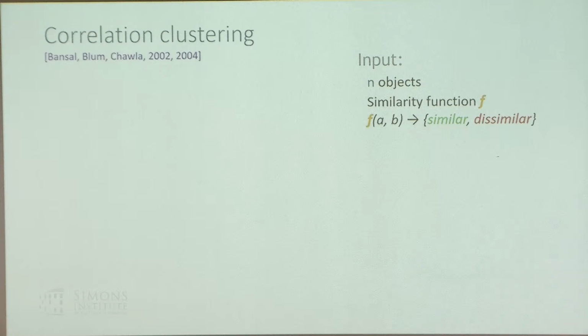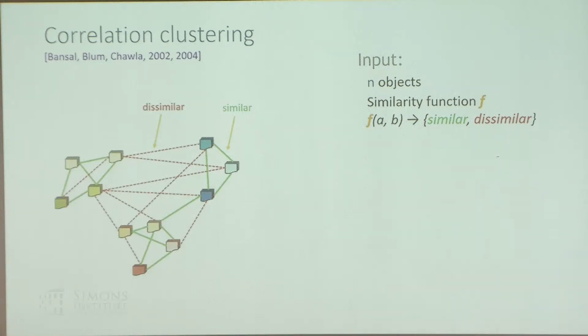In this problem, you're given n objects, and there is some similarity function f. I will show you in a moment what this is. This function f receives on input two objects, A and B, and simply tells you in a binary fashion whether A and B are similar or dissimilar.